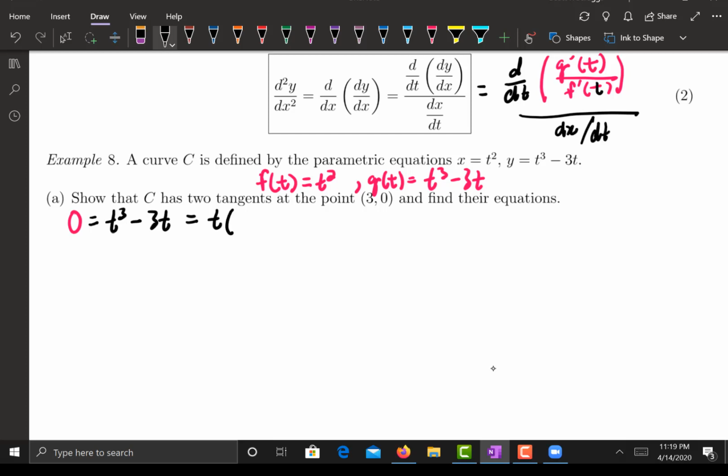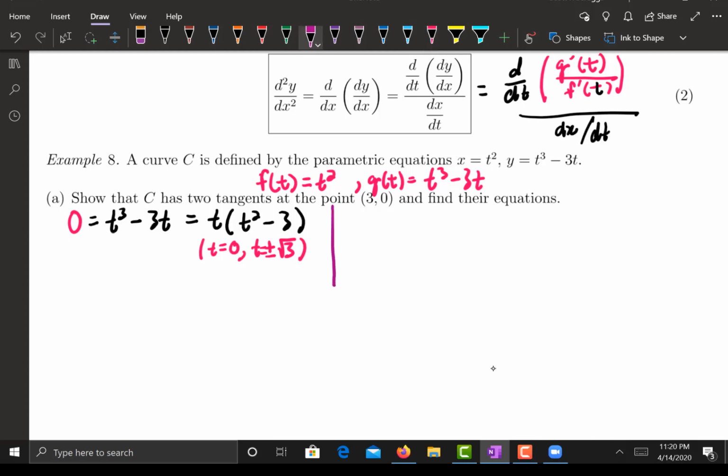And because each term has a common factor of t, I'm going to factor out the t, and now I have t times (t squared minus 3) equals 0. So what that means is, in order for this equation to work, t would have to equal 0, or t will have to equal plus or minus the square root of 3. For those three values of the parameter t, I'll get a y value of 0.